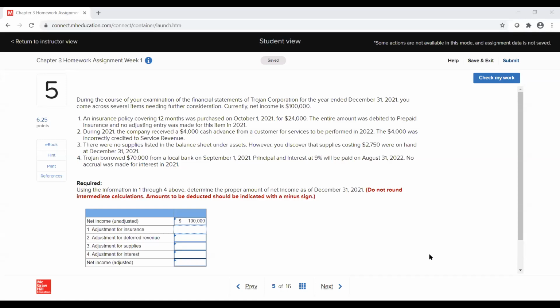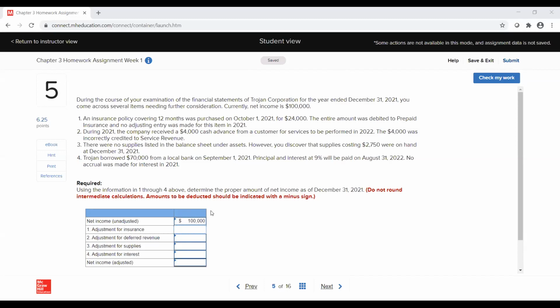It's telling us during the course of your looking at the financial statements of Trojan Corporation for the year ended December 31st, 2021, you come across several items needing further consideration. Currently, net income is at 100,000. So the first thing I did was I put net income in here at 100,000.